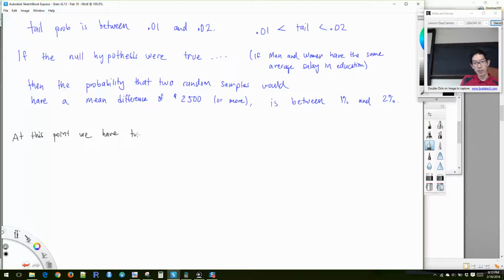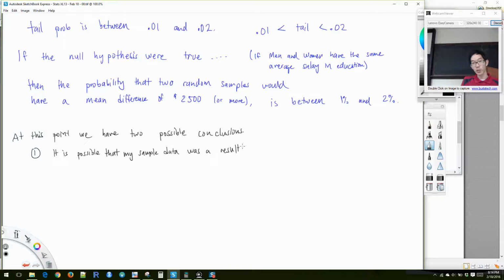We have two possible conclusions. One possible conclusion is, it is possible that my sample data was a result of random chance.